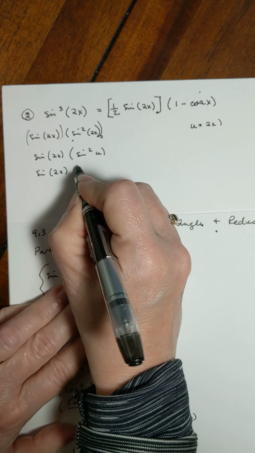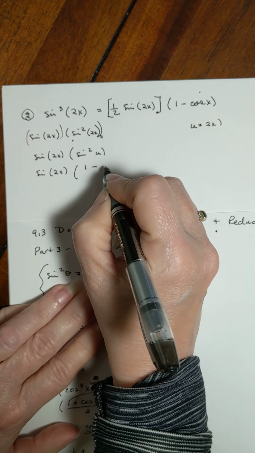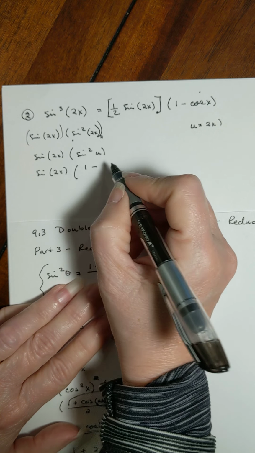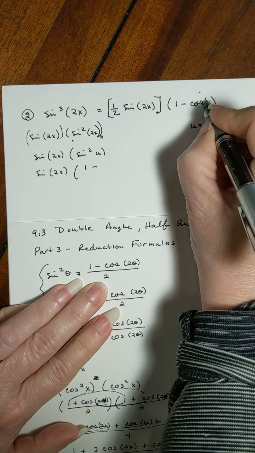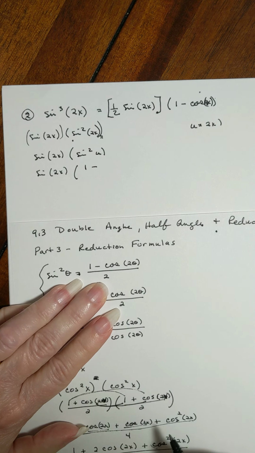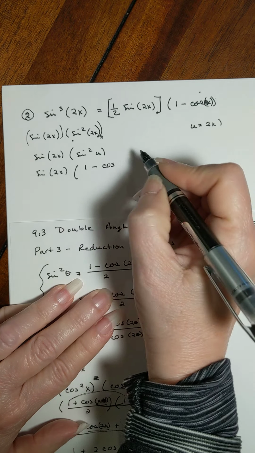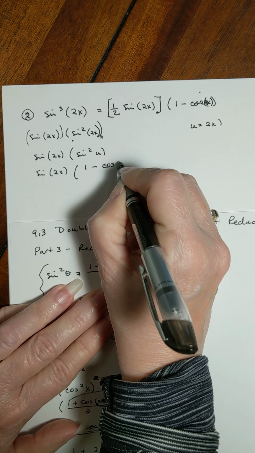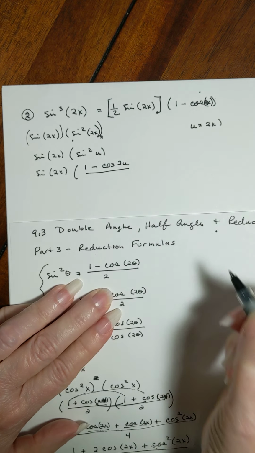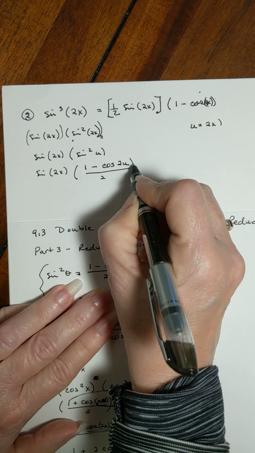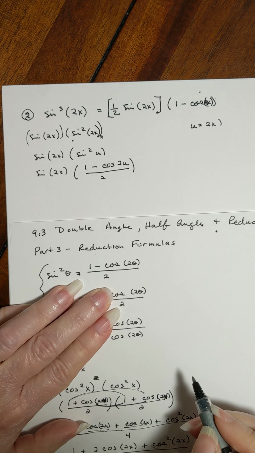So using the formula now, it's going to be 1 minus, oh, I'm sorry, this should be a 4. I copied the problem down wrong. 1 minus the cosine of 2u over 2. Right?